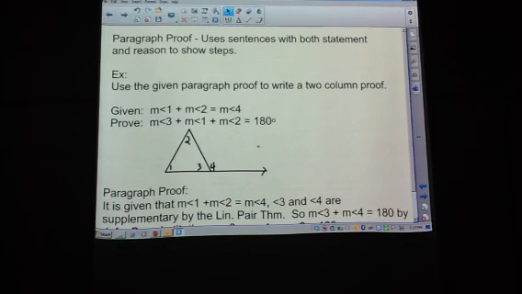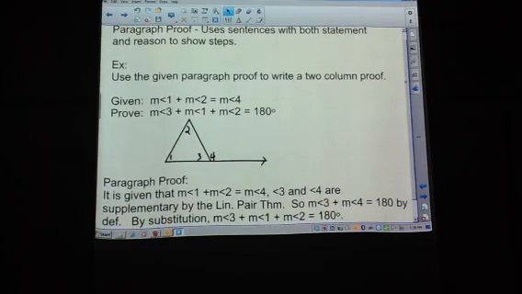This is the second half of section 2.7, which is the paragraph proofs portion. A paragraph tells you exactly what it is. We're going to write those reasons and the statements all in one sentence that go along and form a paragraph for the proof. So it's just organized in paragraph form.